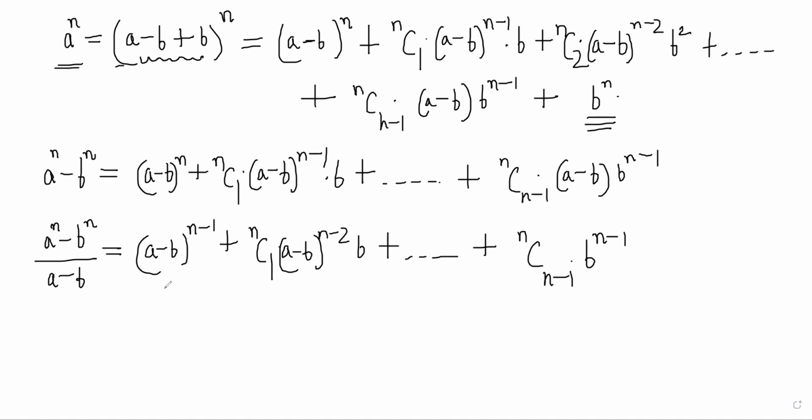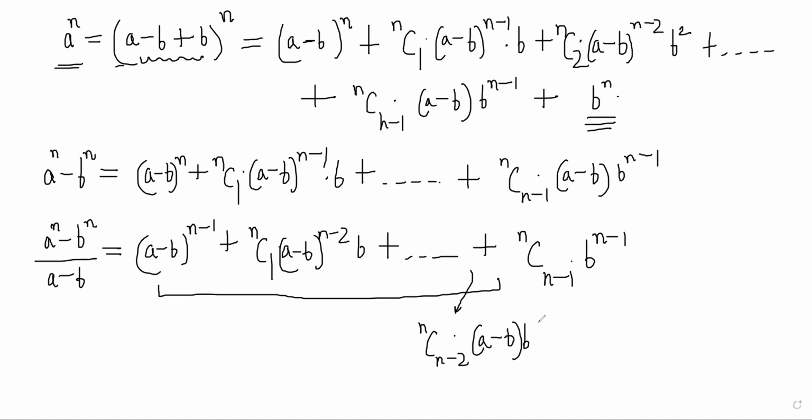So now notice that all of the terms here have a - b as a common factor. The last term here would have been nC(n-2) (a - b) and b^(n-2), the last term which we have not written, and this is the final term, right?